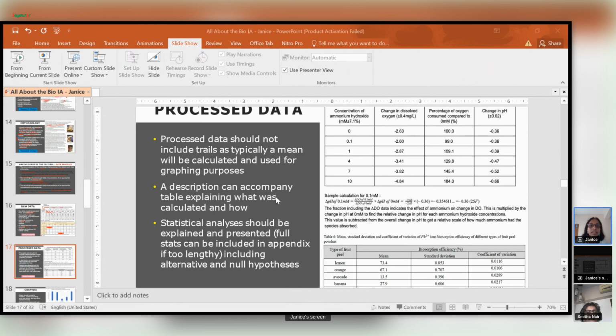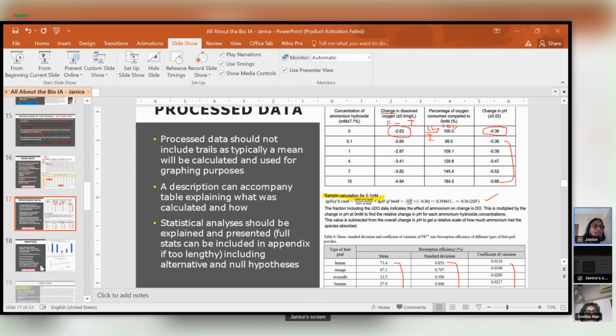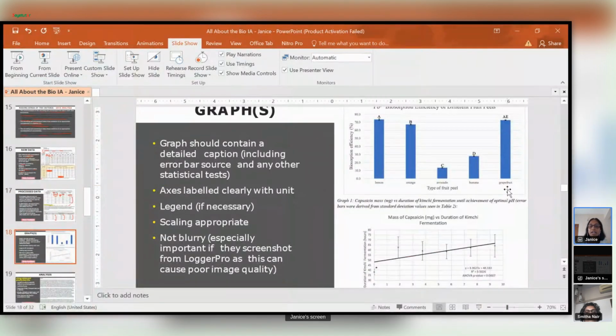This is the processed data. Now coming to the next one, that is the graph. One main thing that you should understand is that the graph that you make should be of the processed data, not of the raw data. Make it very clear. I repeat, the graph that you are going to make should be of the processed data, the one that you have calculated last.